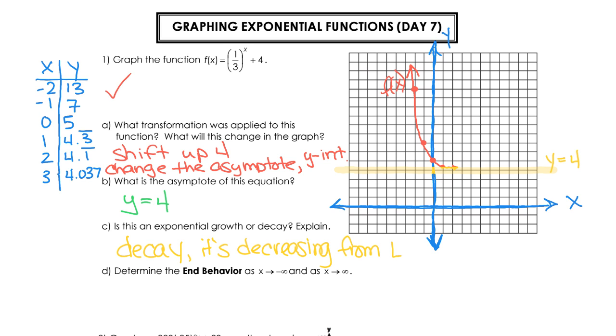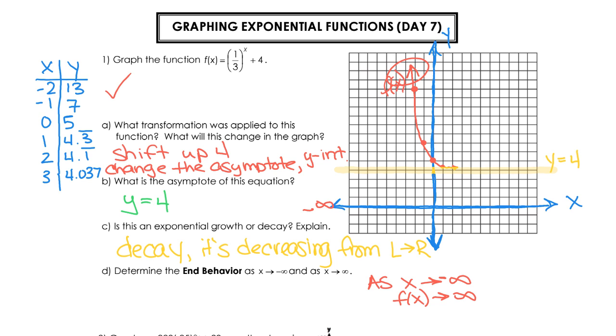Part D asks us to determine the end behavior as x approaches negative infinity and as x approaches positive infinity. Actually, they gave me the negative one first, so I should do the negative one. On the x-axis, this is where negative infinity would be heading. Right? And so we're going to be looking at this end of the graph, and it is going up, and therefore I'm going to say that f of x is approaching positive infinity.